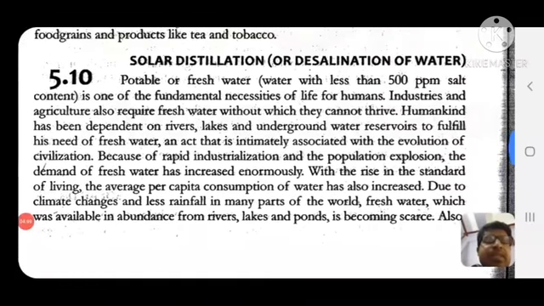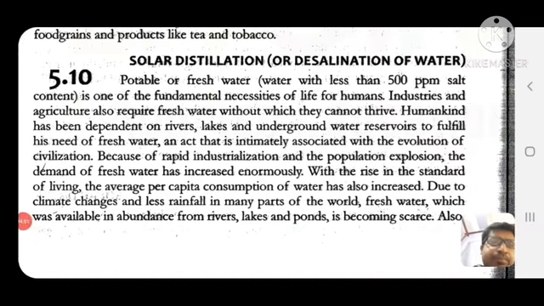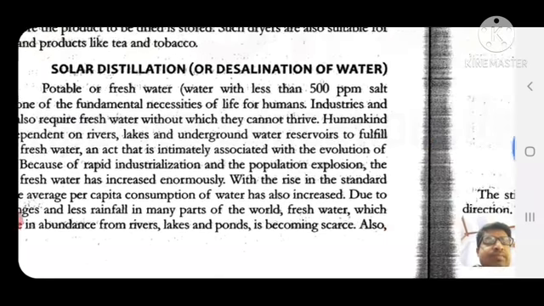The average per capita consumption of water has also increased. Due to climate change and less rainfall in many parts of the world, fresh water, which was available in abundance from rivers, lakes, and ponds, has become scarce.